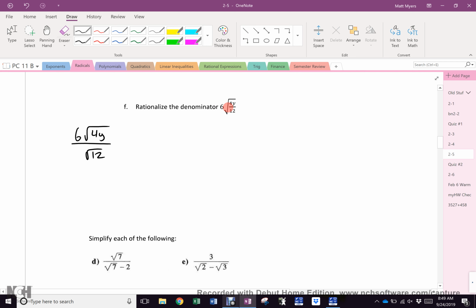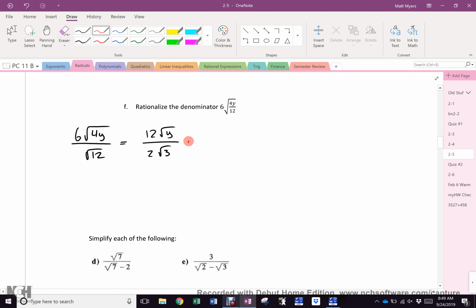Okay. You want to tidy any of that up, or do you want to just deal with the radical now? You want to tidy up now? Okay. So, what's that going to give me up top? 12 root y over what? Two root 3. Now what bothers us?